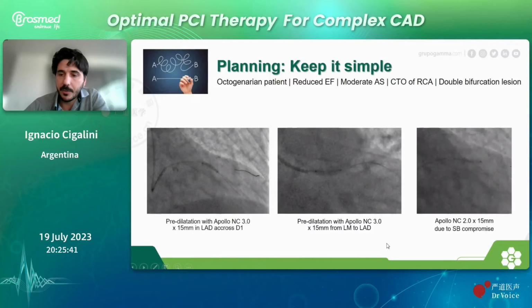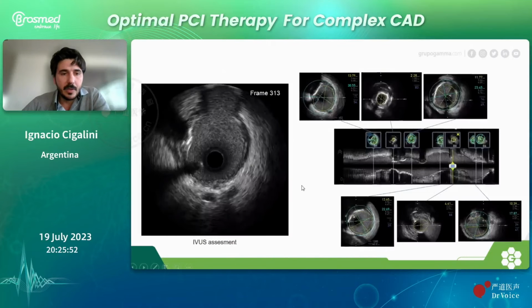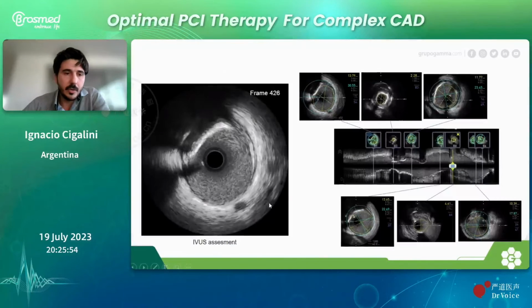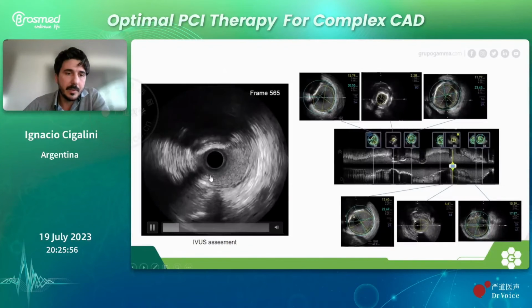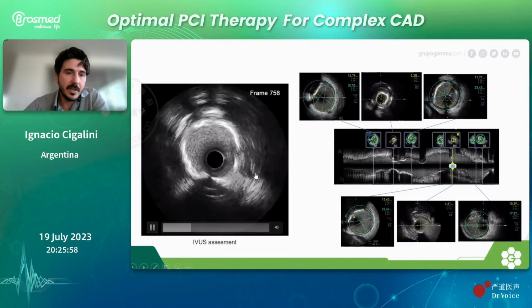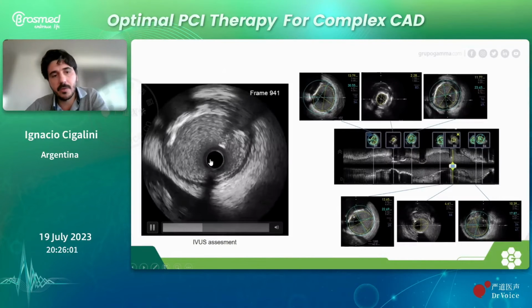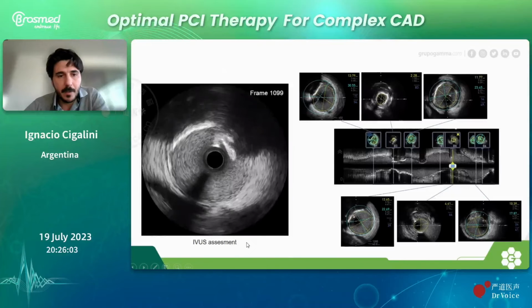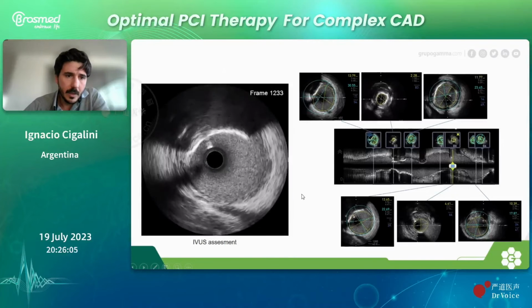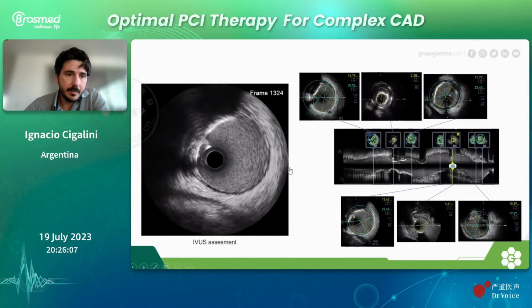Because of side branch compromise, we had to predilate also with a small NC balloon to the diagonal branch, restoring flow, and perform IVUS assessment of the LAD, showing an eccentric calcified plaque after the diagonal branch, and then a very severe calcification with concentric calcium in the LAD, and a very nasty ulcerated plaque.